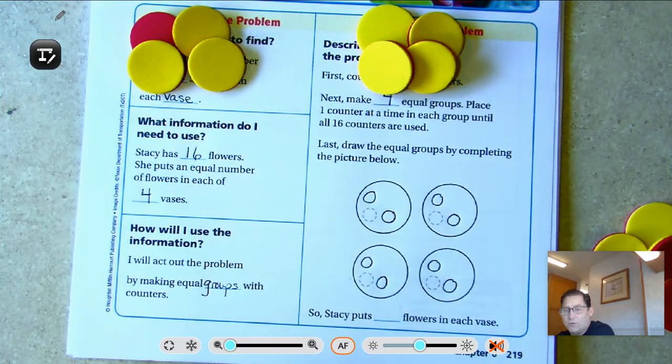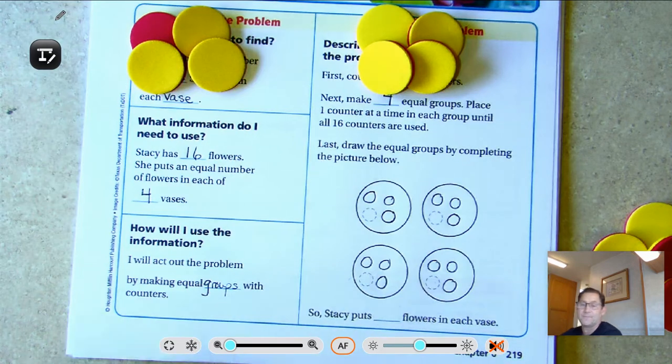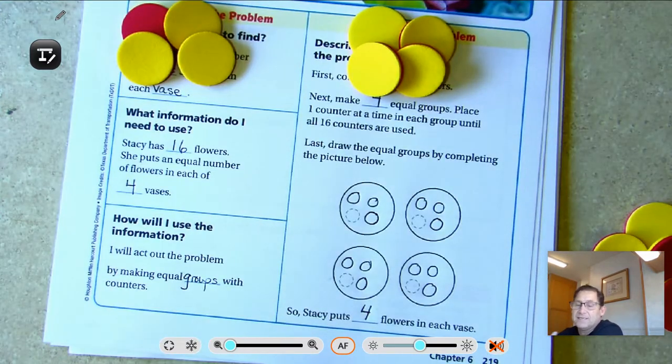Okay, so that's 12, 13, 14, 15, 16. So we shared all 16 flowers equally, and so she puts 4 flowers in each vase. Does that make sense? Yes, because 4 times 4 is 16.